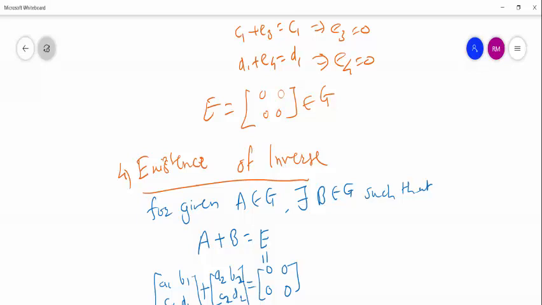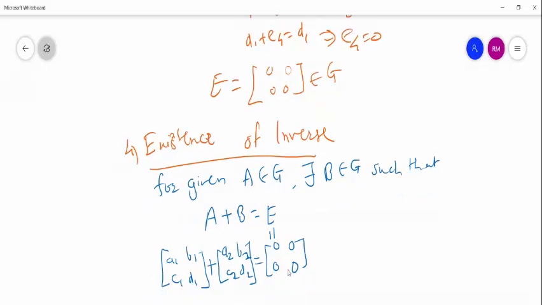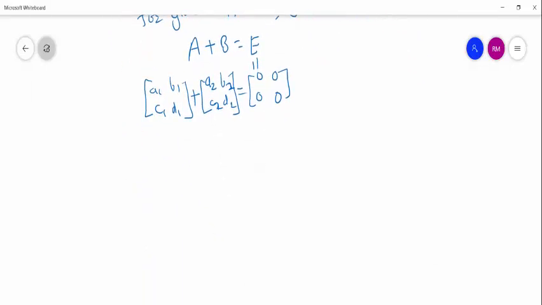So we want to find what is the B matrix. That means, what is the value of A2, B2, C2, D2?